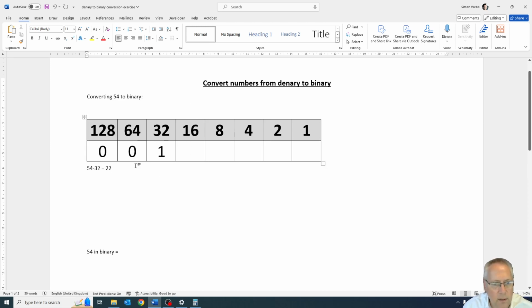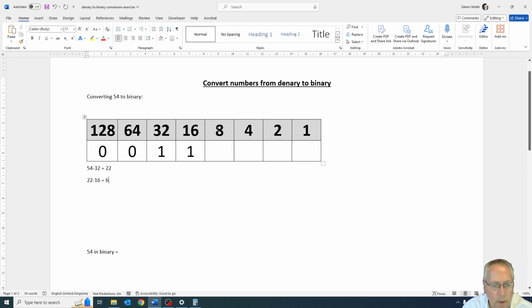Is 22 bigger than or the same as 16? 22 is bigger than 16, so that's a 1 in there as well. Now we're going to take away 22 minus 16, and that's going to give us 6.